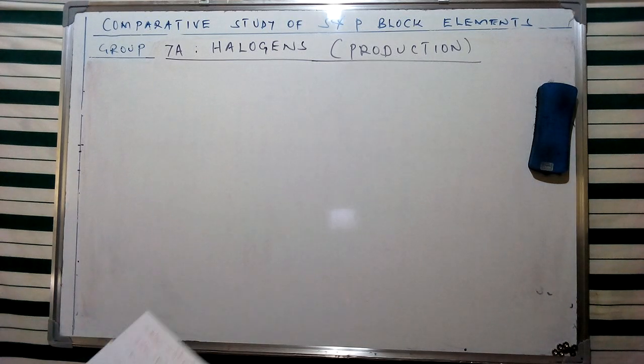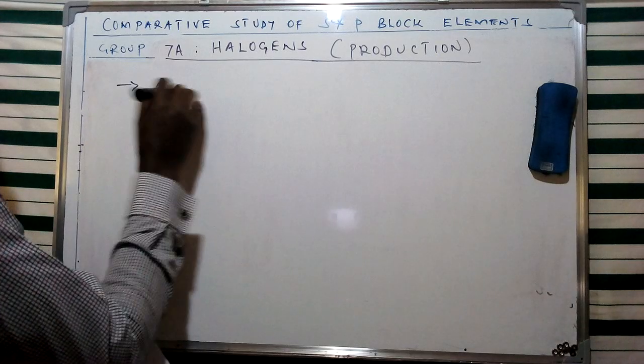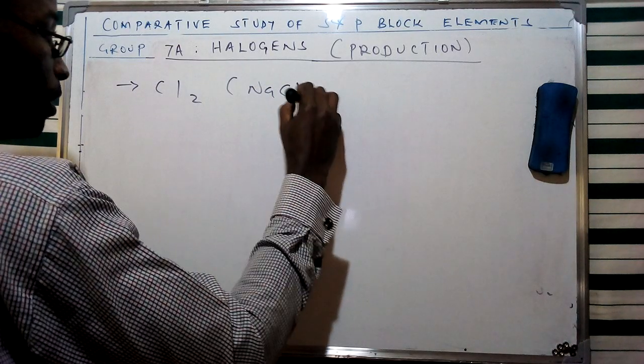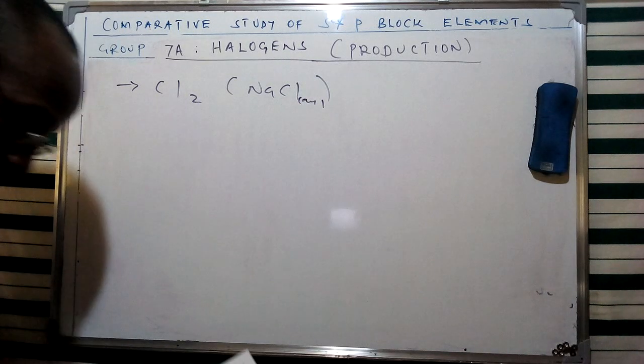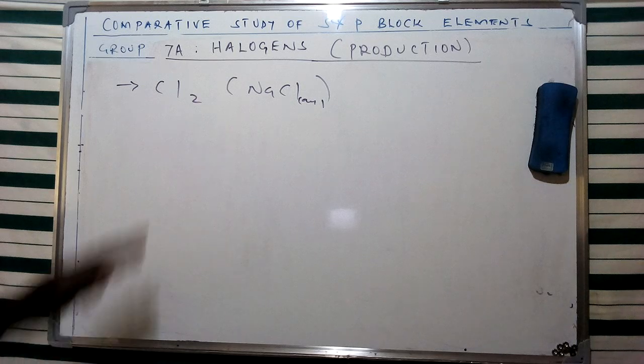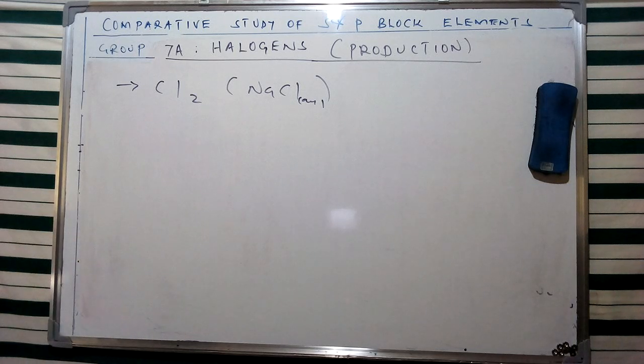So chlorine is obtained from sodium chloride, and this is through the process of electrolysis. So we're going to have aqueous sodium chloride undergoing this specific process of electrolysis in order to obtain this particular form, the diatomic form of the element of chlorine.